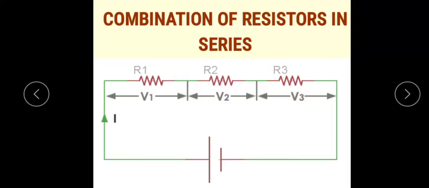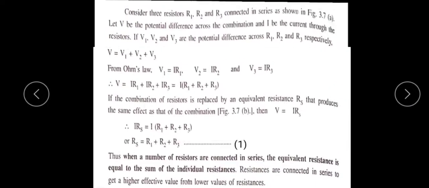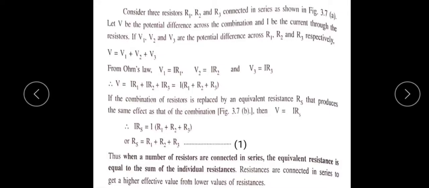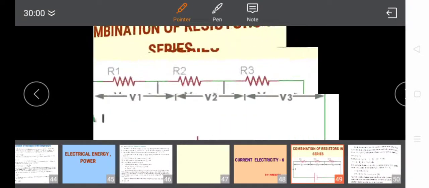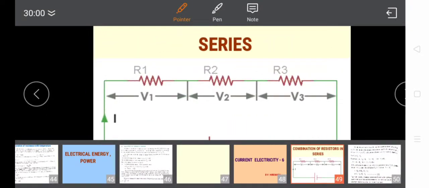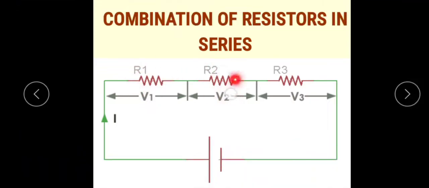Now we want to derive the combined resistance when resistors are connected in series. Let us consider three resistors R1, R2 and R3 connected in series as shown in the figure.